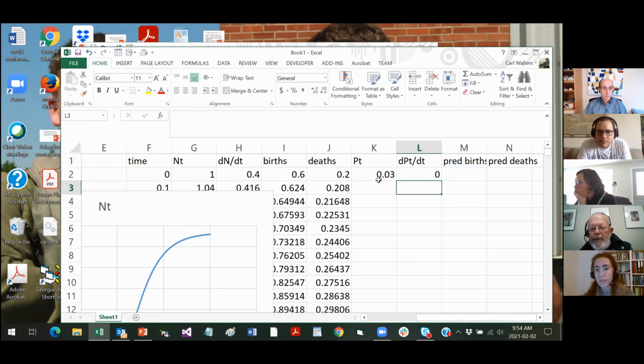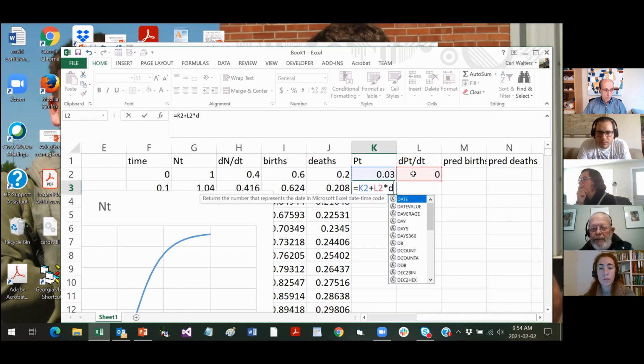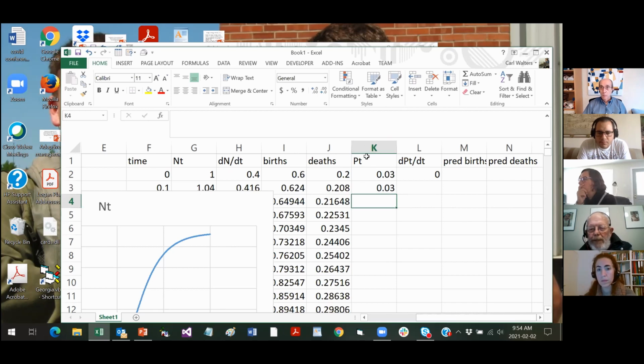Okay, it'll be 0. I'm going to use the same formula, the numbers before plus rate of change times dt, to predict population growth, and nothing will happen initially.